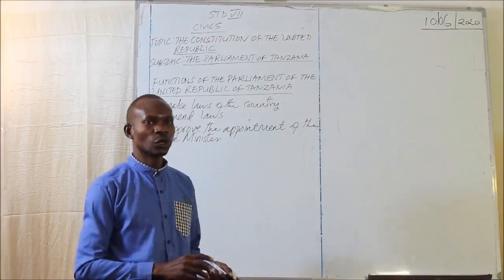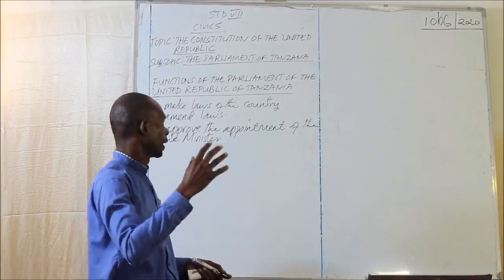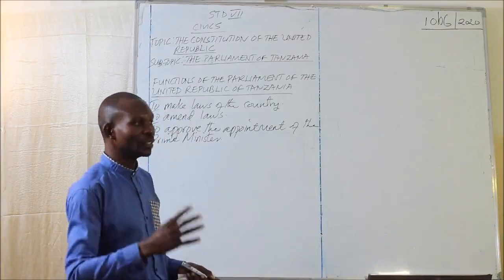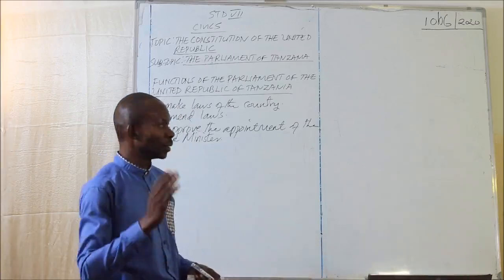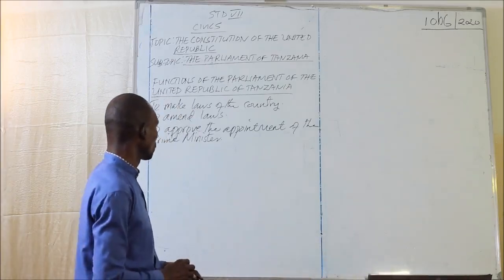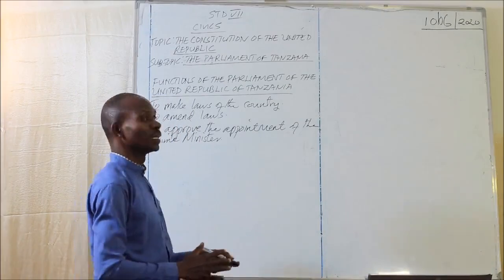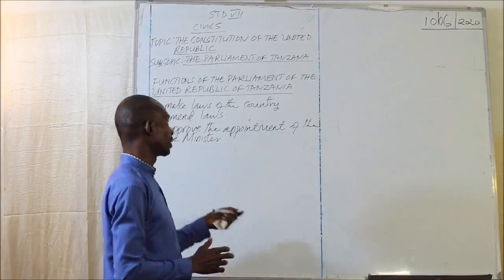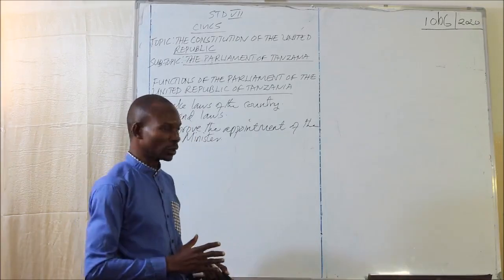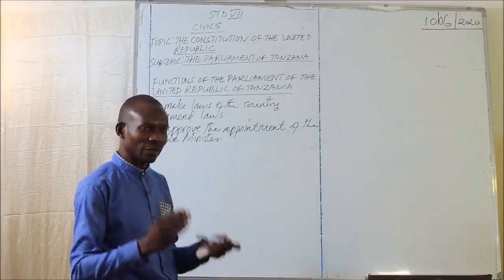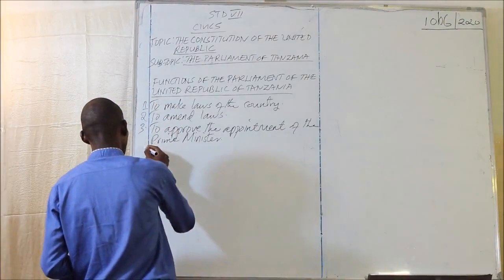They vote to see if the newly nominated candidate is suitable for that position. When the members of parliament have done that, then the president swears in the prime minister to start his duties effectively. Okay, that is number 3.